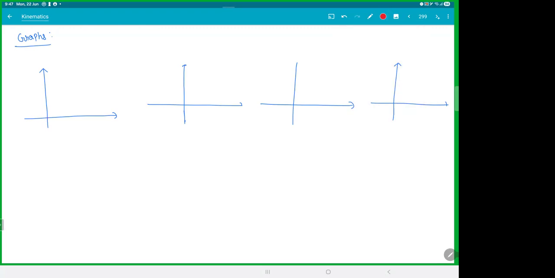No, this is a straightforward one. If a line is passing through the origin, this is y is equal to mx. So if line is going like this, then y is equal to minus mx. It's a negative slope.